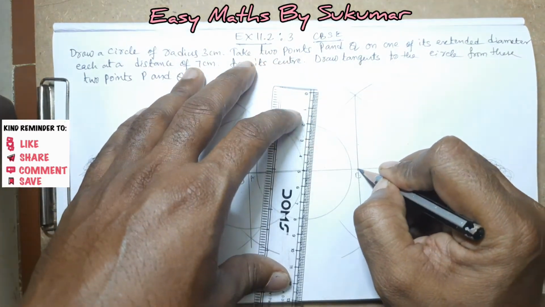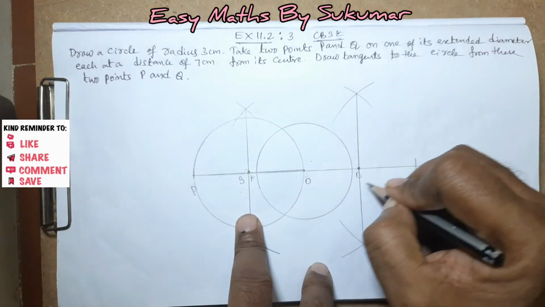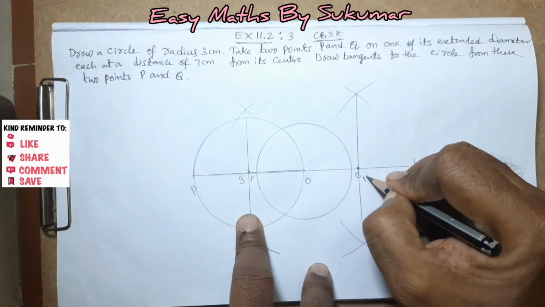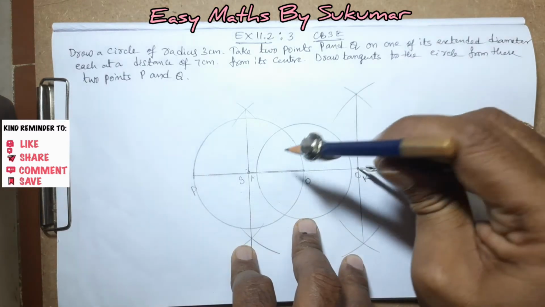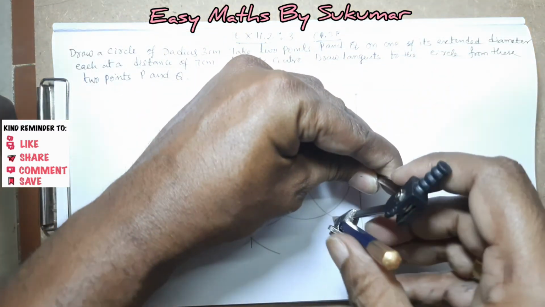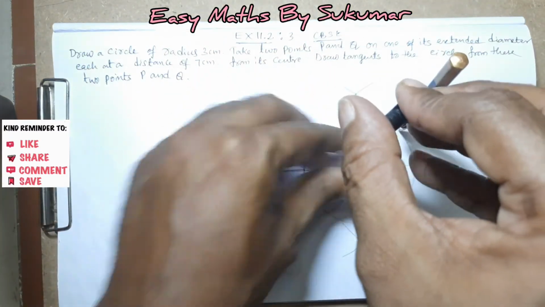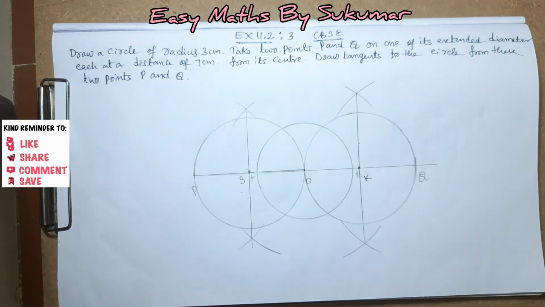This perpendicular bisector of OQ intersects OQ at K. Now with K as center and KO as radius, draw another circle which passes through O and Q.